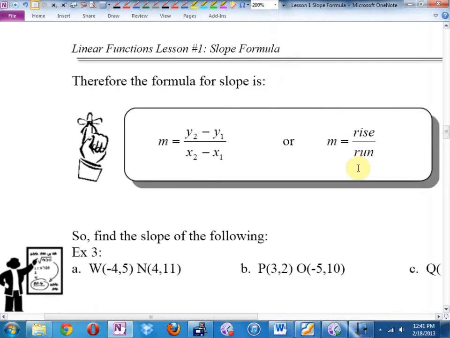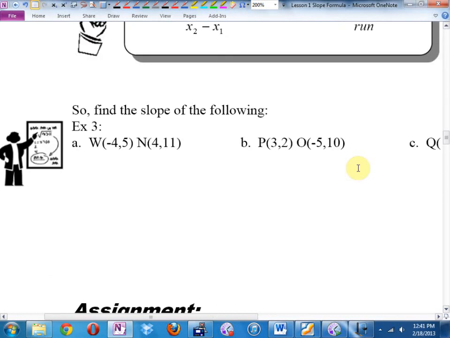When they give you 2 points, like that, really quickly with your pencil, write x1, comma, y1, x2, comma, y2. And by the way, it's xy, comma, xy, not xx, comma, yy, because that doesn't make sense. Your x coordinate is always the first one. Your y coordinate is always the second one in the bracket.